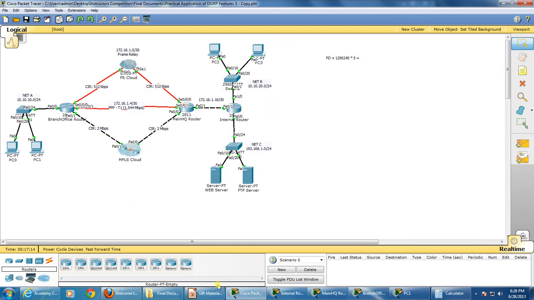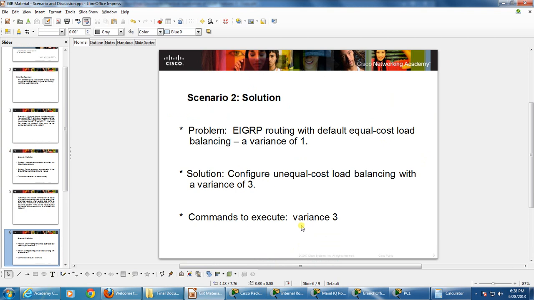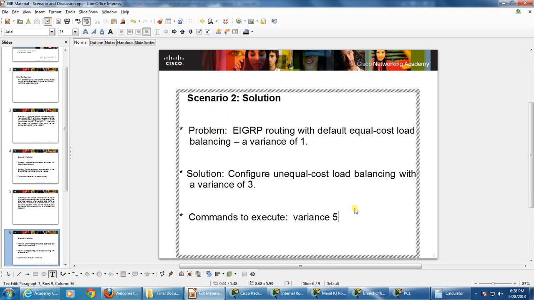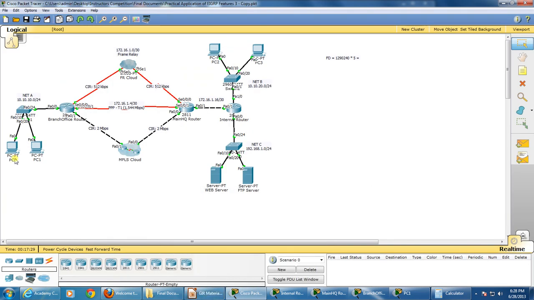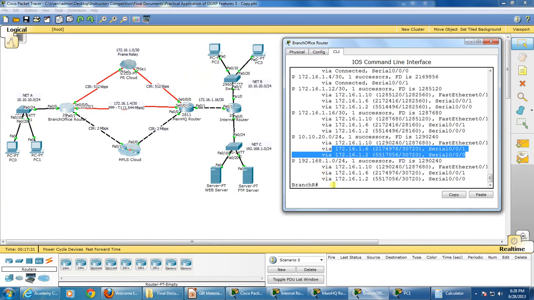So to do that, your configuration will be, just add this variance of 5. Sorry, it's not 3, but it's 5. You do that to all of the routers.